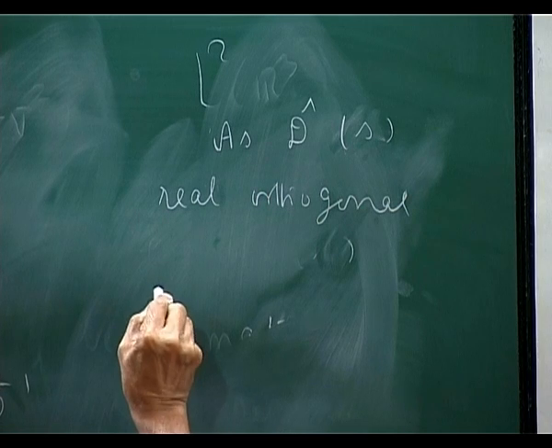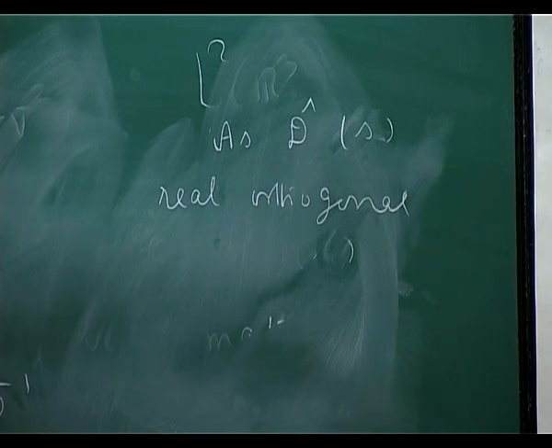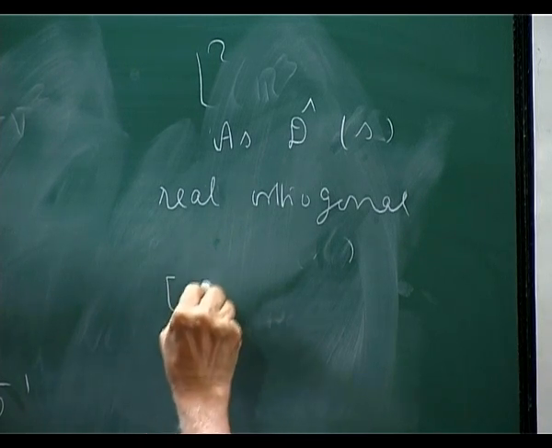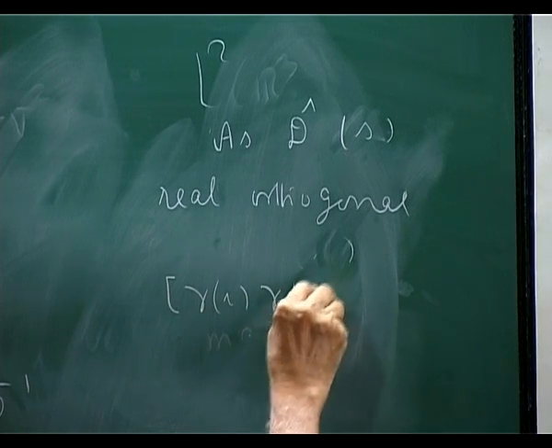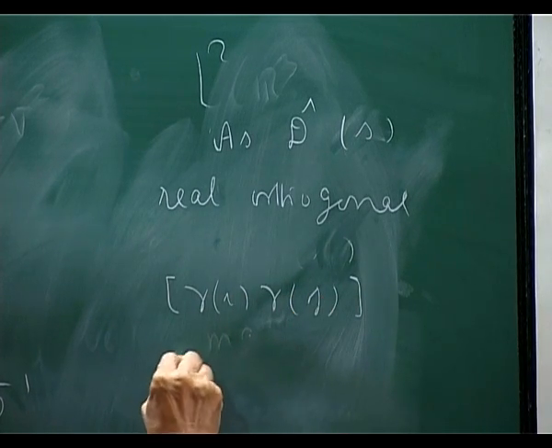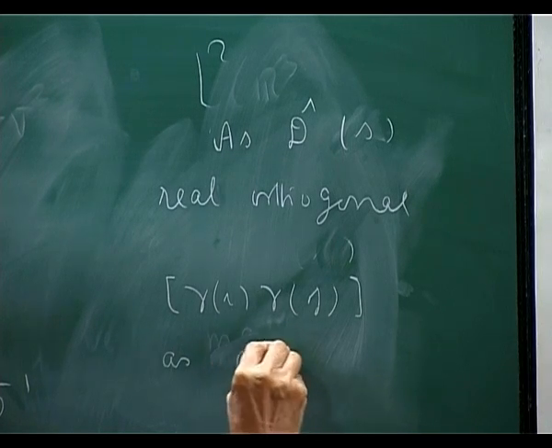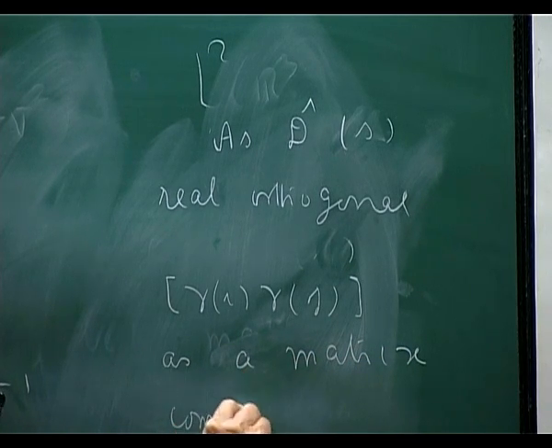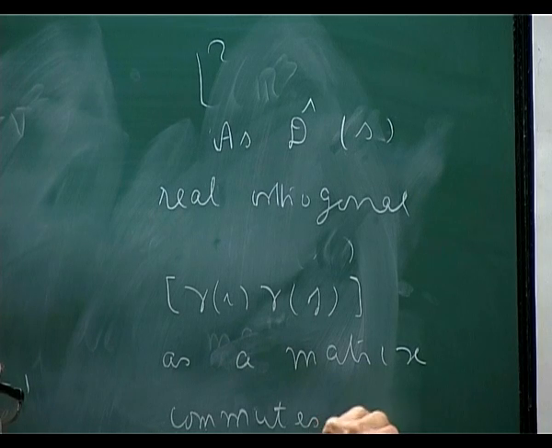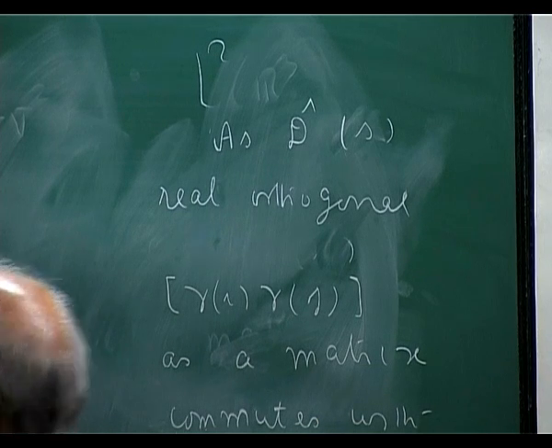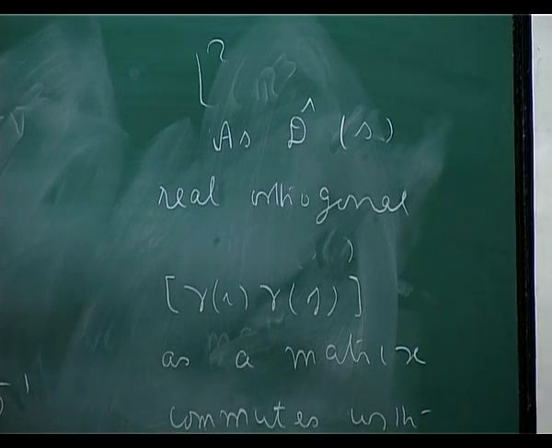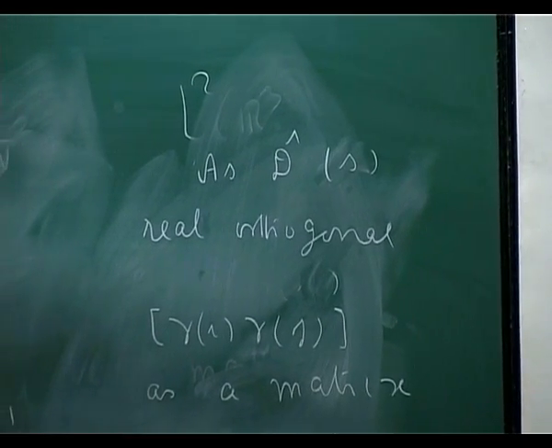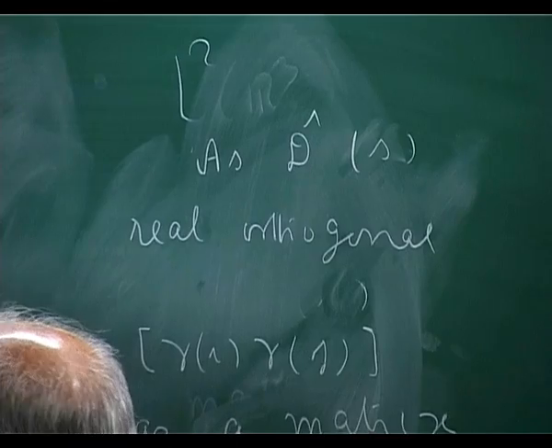I find that this object here, this matrix gamma i gamma j, as a matrix commutes with d hat of S. I have not made any mistakes, you know. Yes, because this is this matrix.